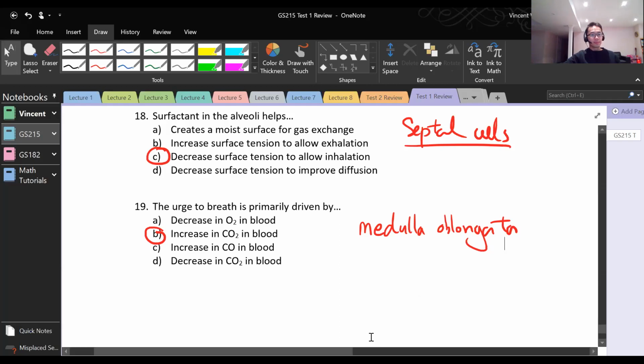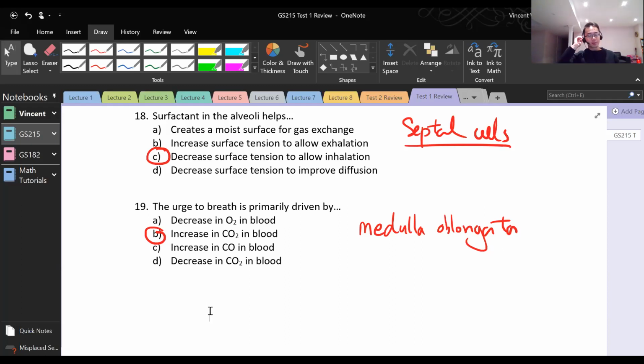For the lab quiz, is that timed? Yes, it's timed, but it's like an hour or something. And there's only 20 questions or so, so you have a lot of time.